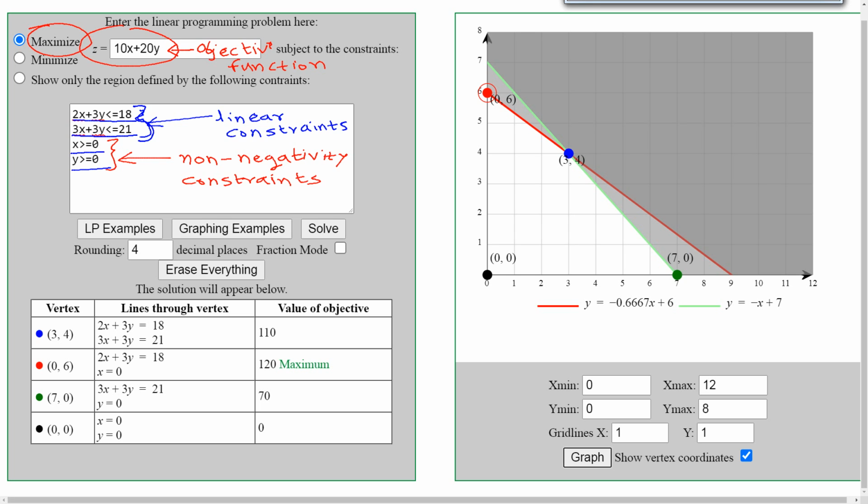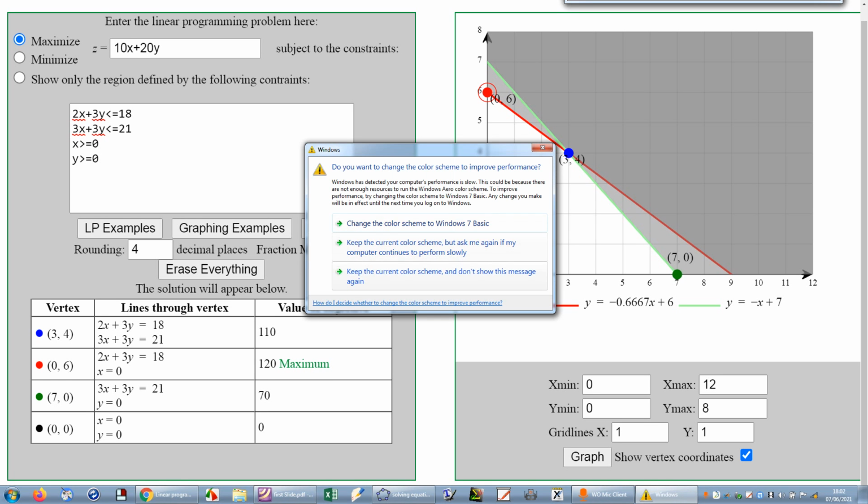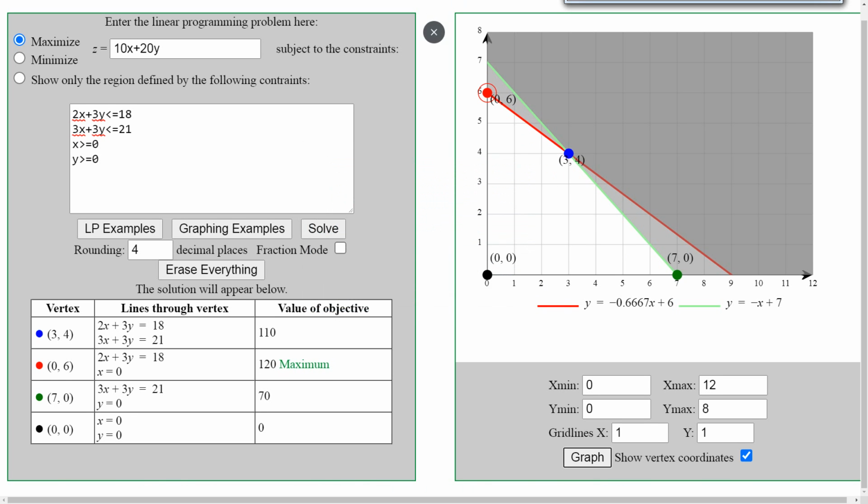It involves certain steps. So the first step is to plot the lines. The first step in solving a linear programming problem is plotting lines.